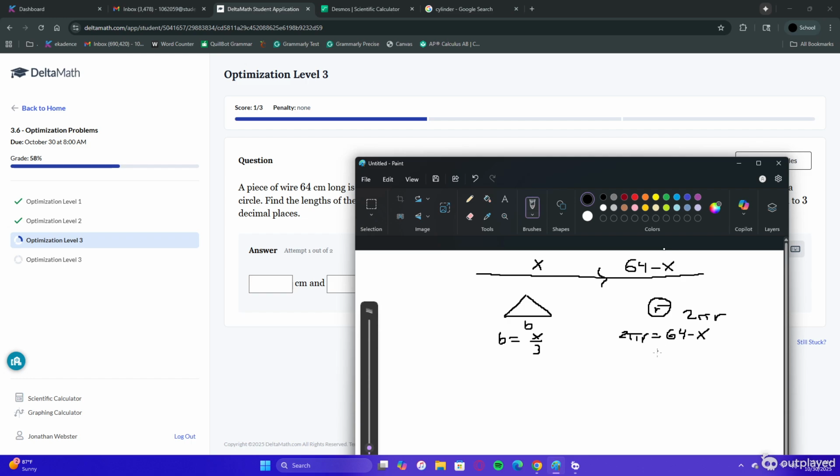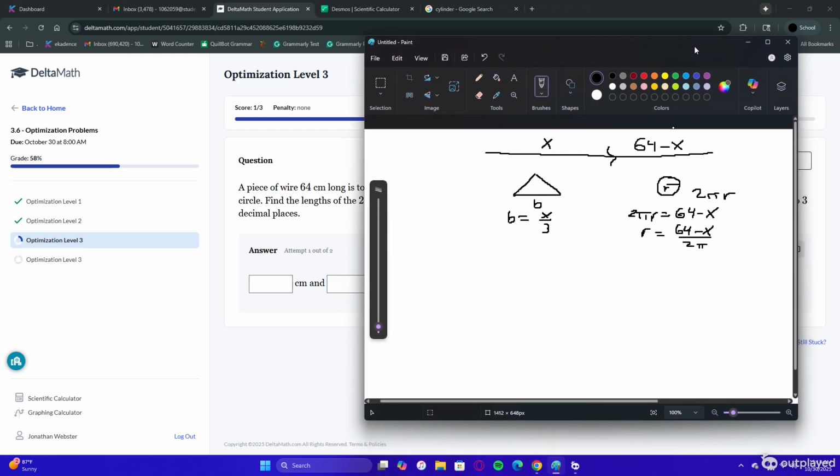Now solving that in terms of r, you have r equals 64 minus x over 2 pi. So now we have our two side lengths, and with that we can find the area.